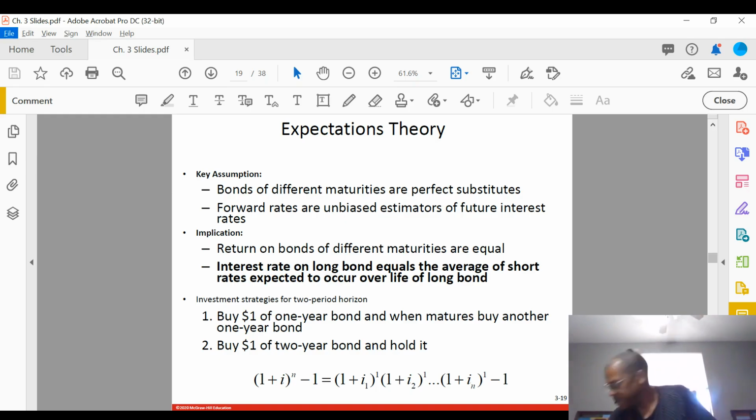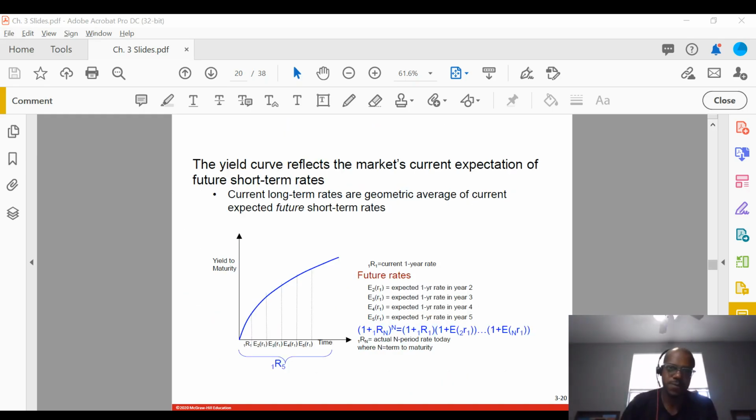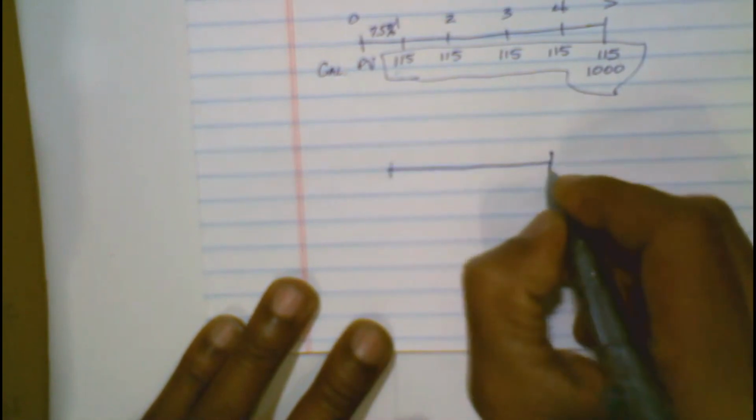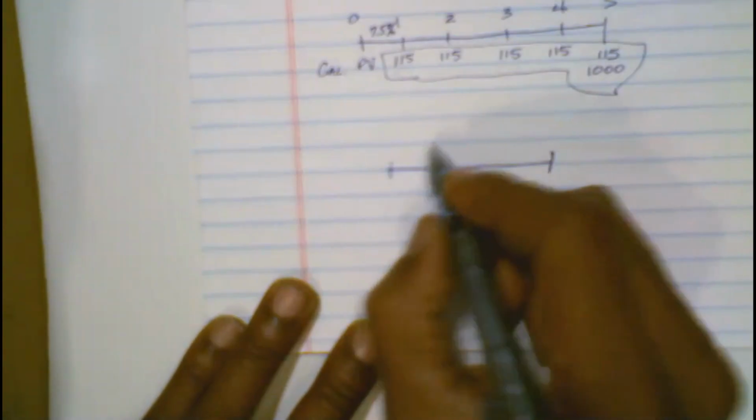If that's a little confusing, it looks like this. What it's saying here is, inside of a 3-year, let's see if we can focus here.